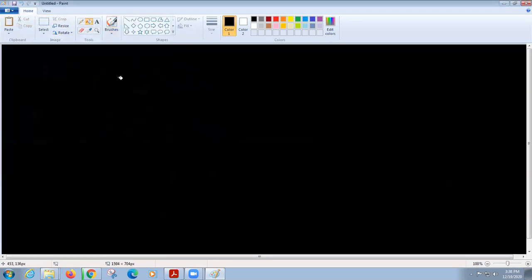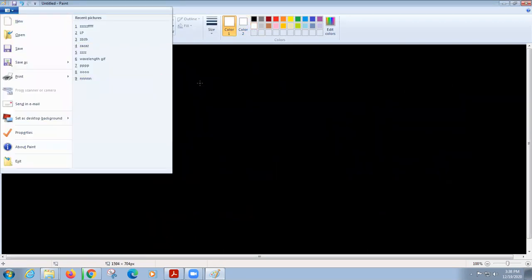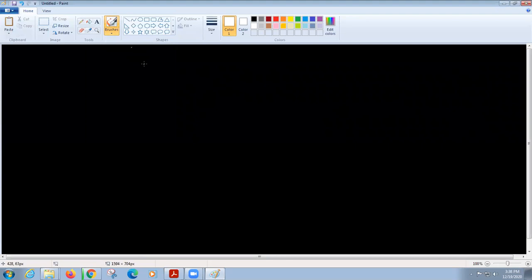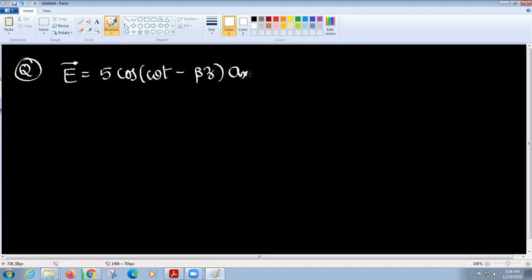I'll go for one more. This one we can knuckle down very easily. The electric field is given to you as 5 cos(omega t minus beta z) a_x, plus one more is given to you, 10 sin(omega t minus beta z) a_y. This is from previous year papers.